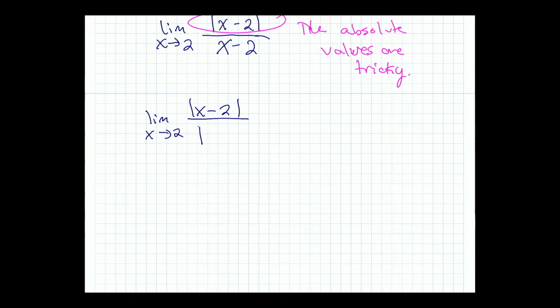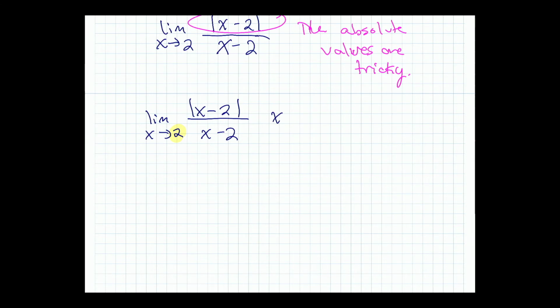Let's try to figure out what's going on here. And so if we're taking the limit as x goes to 2, I know that I need values close to 2 that are either greater than 2 or less than 2. And so let's go ahead and make a little table of values here.